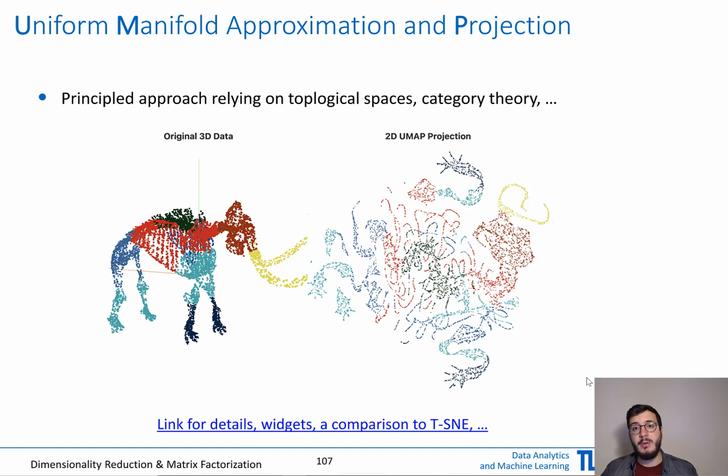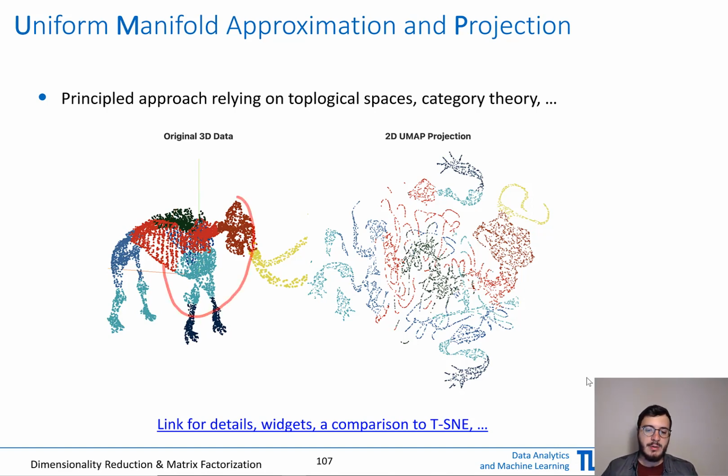And the math for UMAP is way beyond this lecture. It is based on topological spaces and category theory and so on. But that's not really what you need to know. You need to know that you can take this implementation for UMAP and directly run it, and you'll get a good low-dimensional projection of your data.